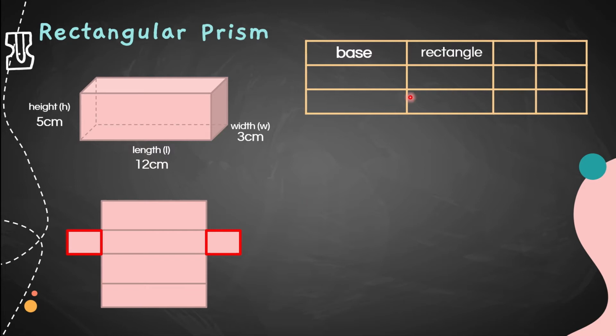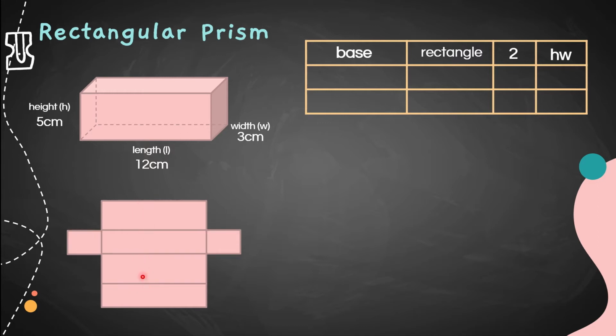To find the area of this rectangle, we are going to multiply the height by the width. So we have H times W, height times width. Next, we have the lateral faces of the given figure.